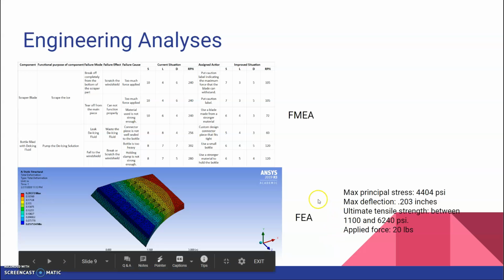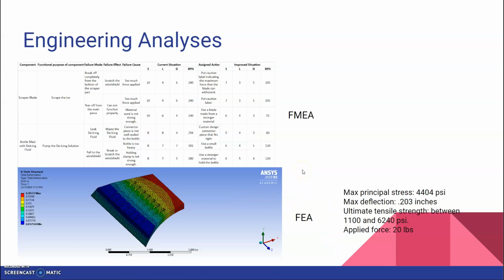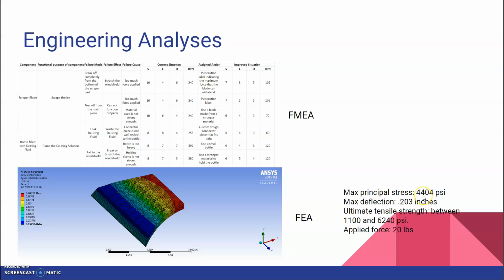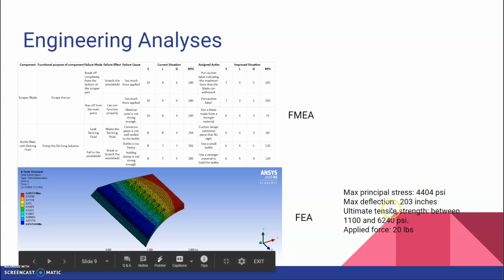We also did an FEA analysis, looking at some of the stresses and deflections that would be involved during normal use. Using an applied force of 20 pounds, the results were a maximum principal stress of just under 4,500 psi and a maximum deflection of 0.2 inches.